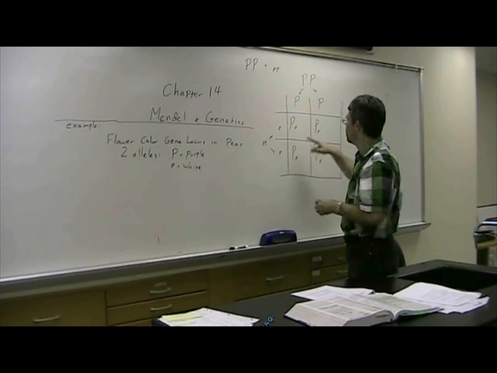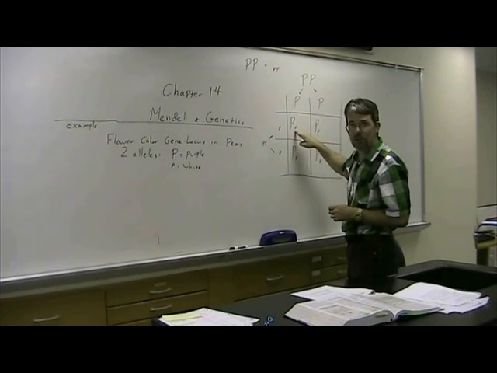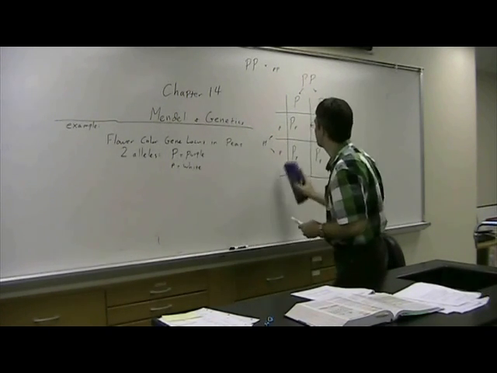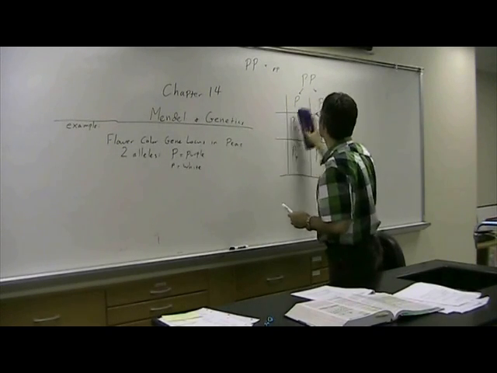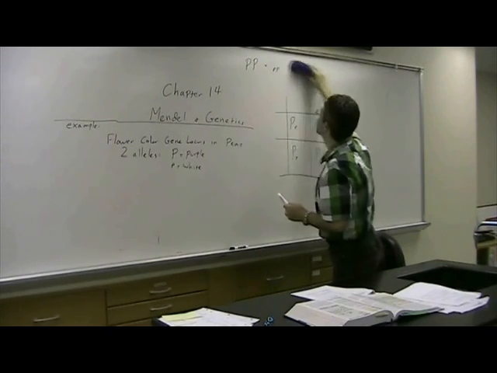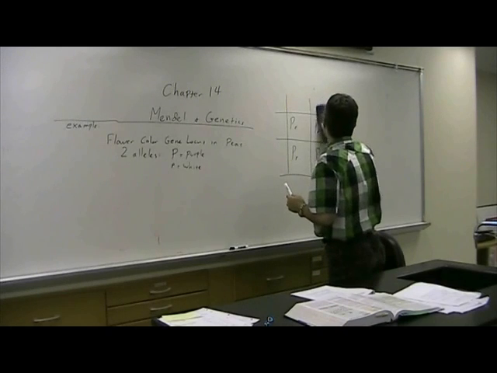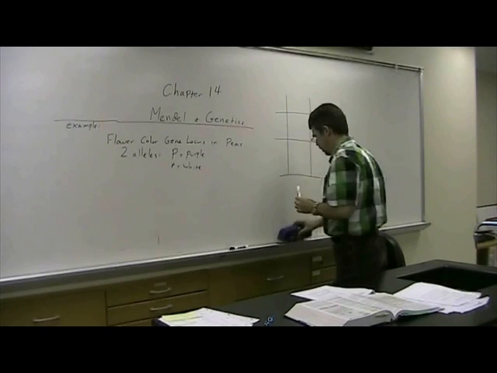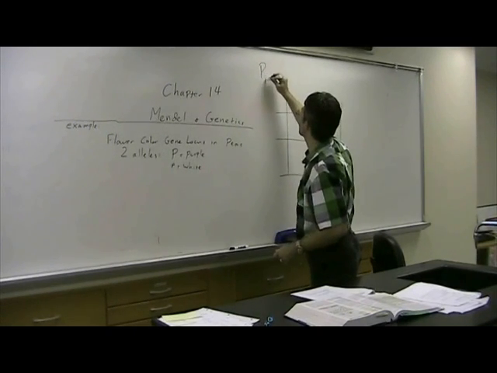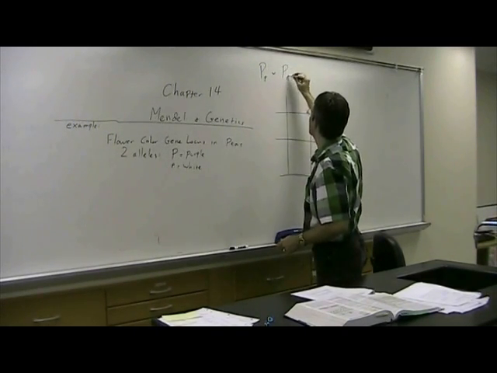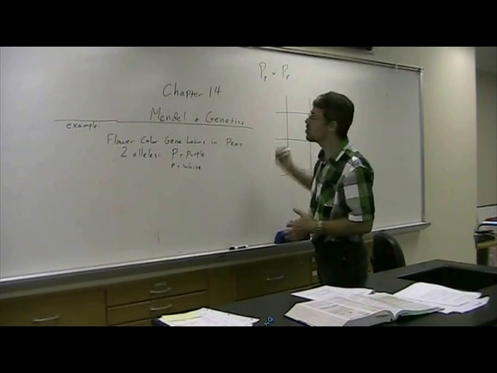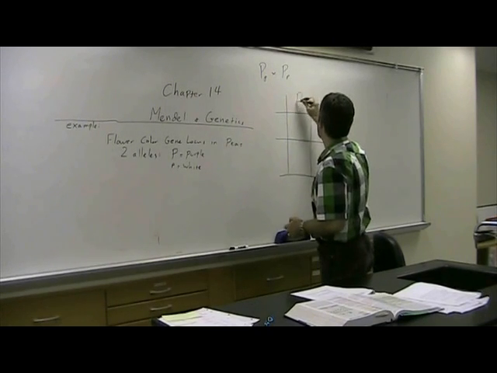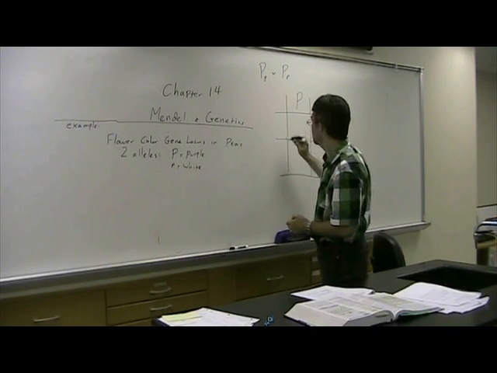Now, when he crossed those 2, he got another result, and I've got to show you another Punnett square. This time he's crossing big P little p times big P little p. Crossing the 2 F1s to get the F2 generation. Got to separate the letters from each parent. A big P goes here, a little p goes here.